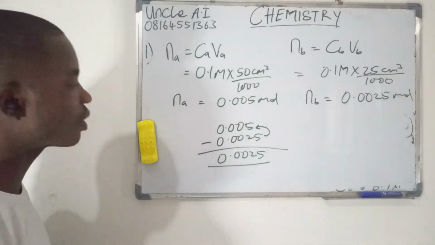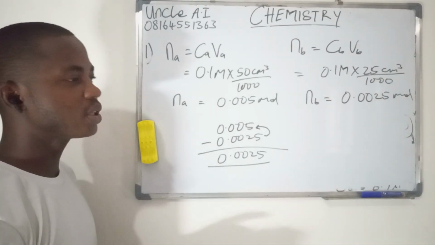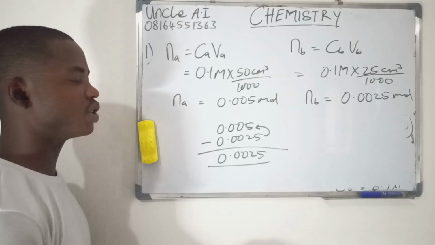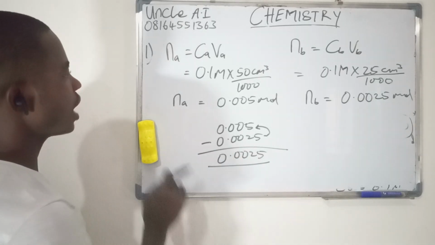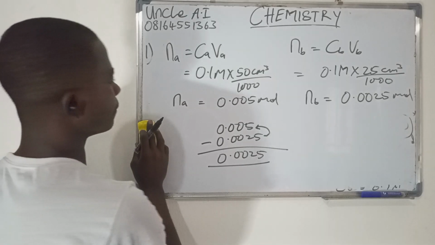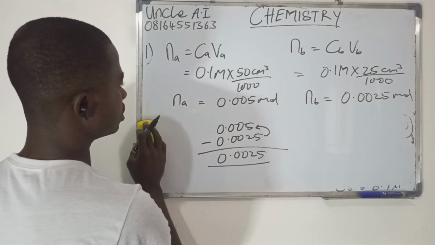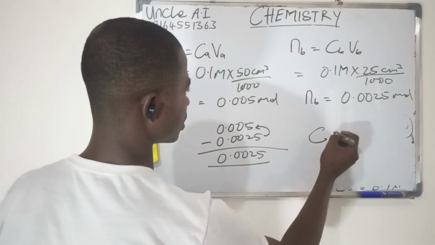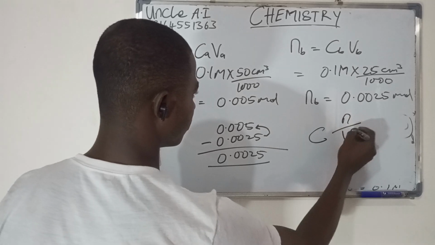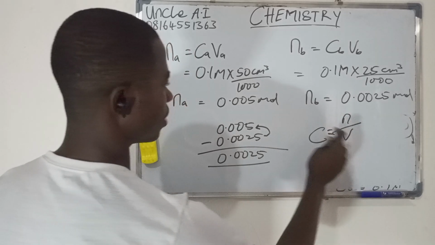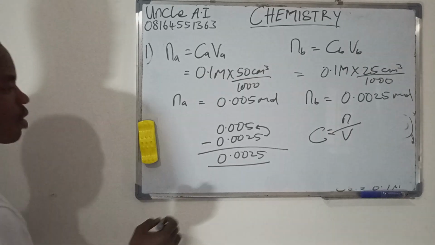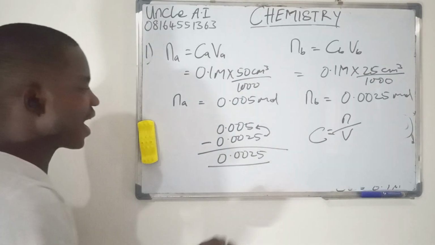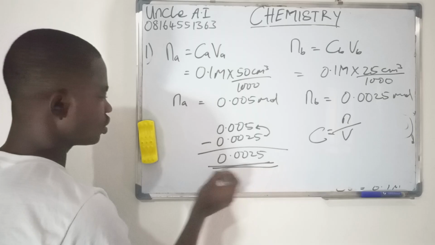Now, to calculate the total concentration of this amount in the solution, remember that the formula for concentration says amount all over volume. This is the formula for concentration. Now, we have already gotten the unneutralized hydrogen ion.